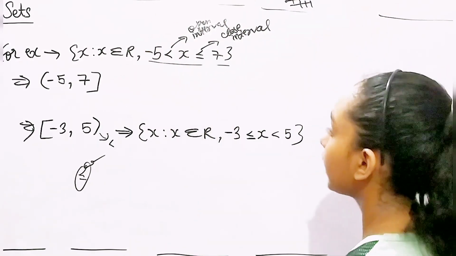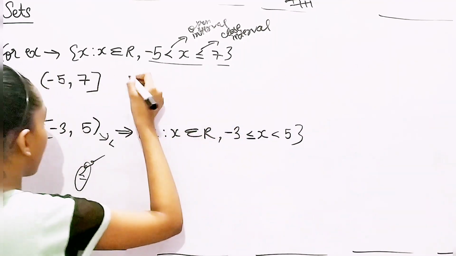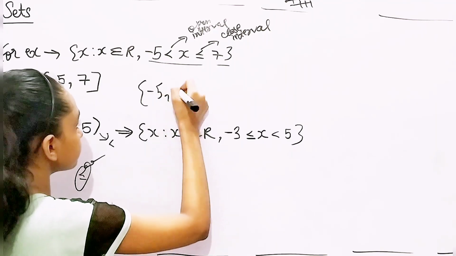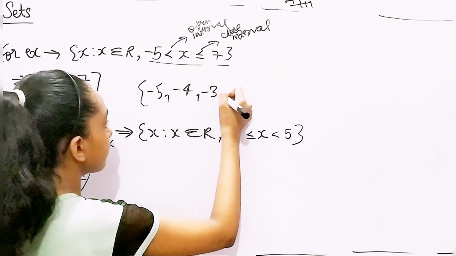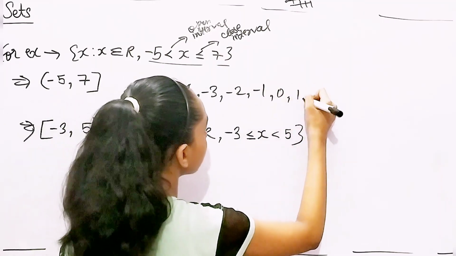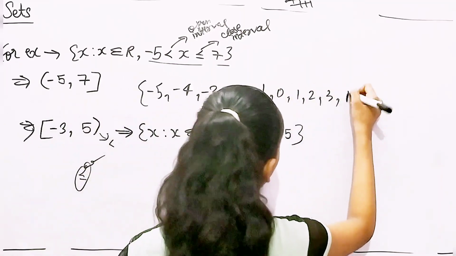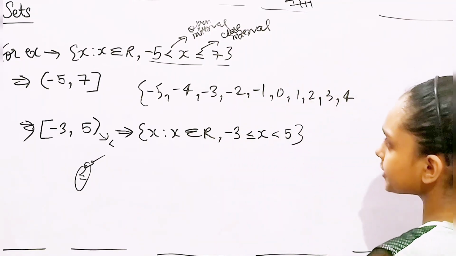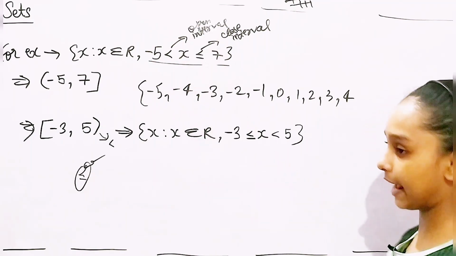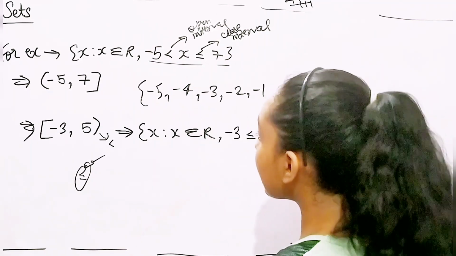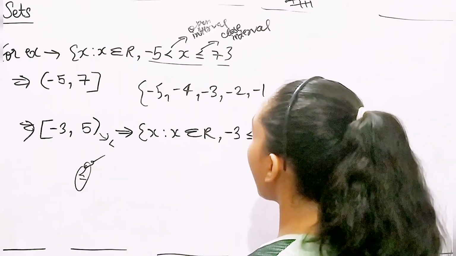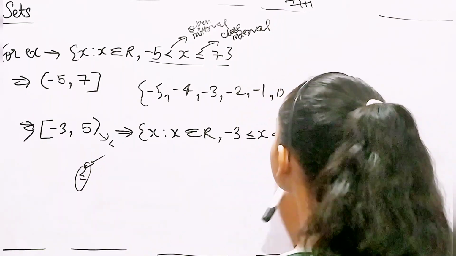What if we have to find the points between them? Like in -5 to 7, we can have these numbers: -5, -4, -3, -2, -1, 0, 1, 2, 3, 4. Oh, it's saying that -5 is smaller than x, so this means that x is greater than -5, and x is smaller or equal to 7.